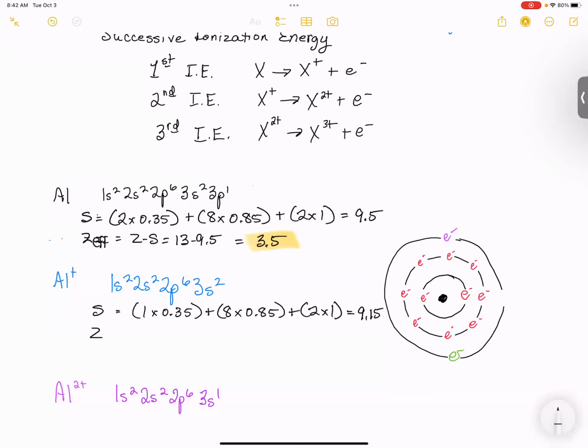So my Z effective is going to be 13 minus 9.15. So it is 3.85 now.